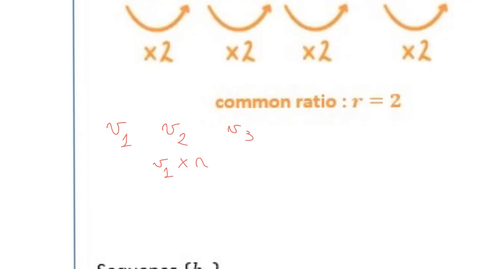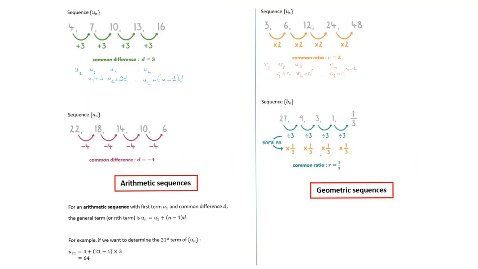To get the following term, V3, we multiply by r again, so we have V1 times r power 2, and so on till Vn. So Vn is equal to V1 times r power (n minus 1).